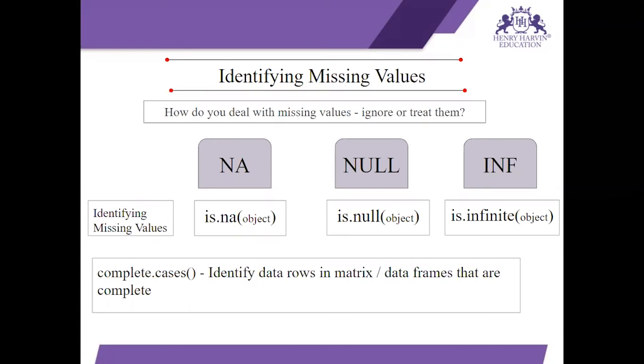In the brackets, it can be a vector, a data frame, or a matrix. Now, there are also null values. We can identify these null values using is.null. Within the brackets, there will be the object or the data frame that you are using.